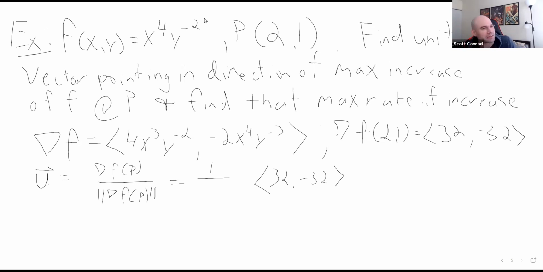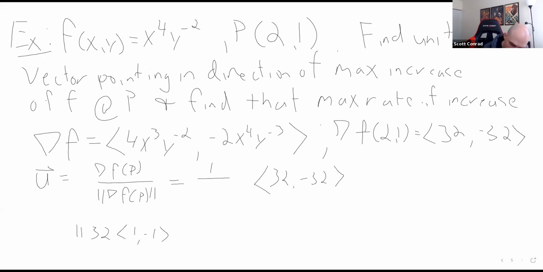Or you can make your life a little easier. Here's a nice trick you can do to simplify things a bit. So 32, negative 32, we can just pull out the 32 in there. So we get 32 times (1, negative 1).